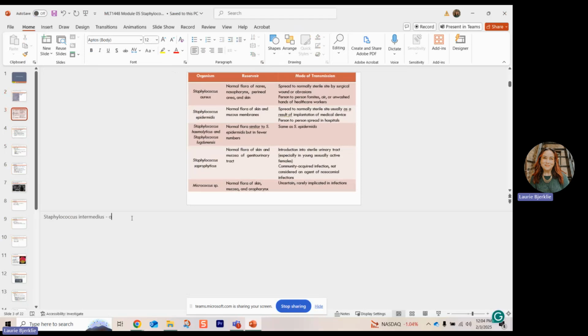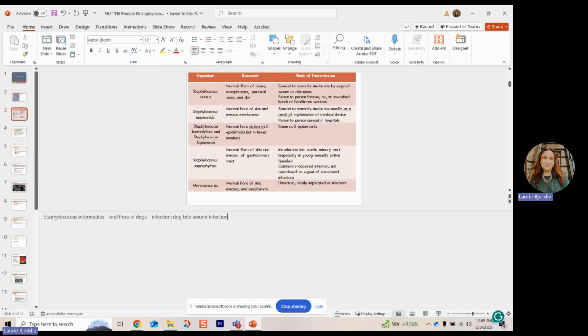This one has been found as oral flora. So it's normal flora of the oropharynx, so more oral, especially of dogs. And so the infection it's been linked to is dog bite wound infections. So if an animal bites you, the normal flora can be passed into that wound. So Staph intermedius would be one of those, and it could cause an infection of that wound area if it's not kept well cleaned and addressed right away.